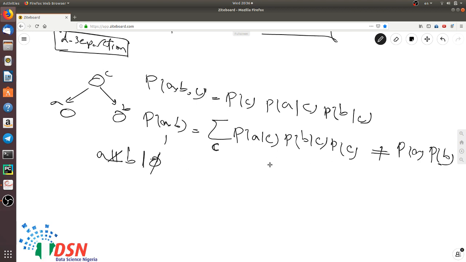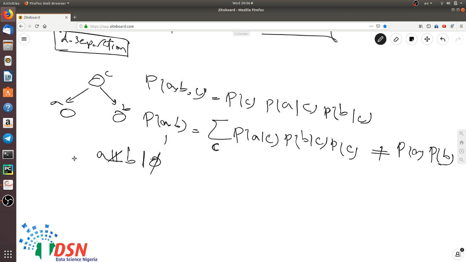Maybe you could find a distribution for which this equality holds, but in general it does not hold.